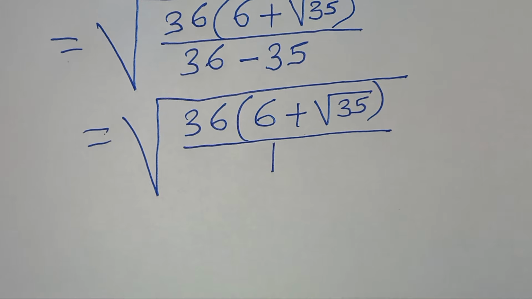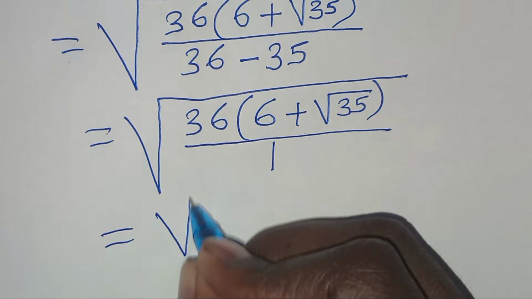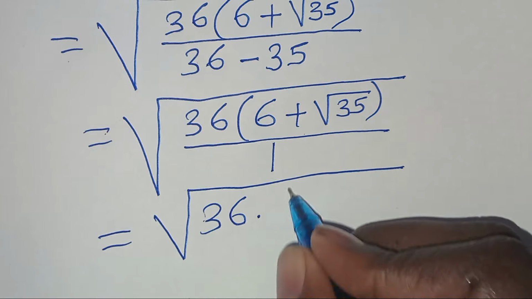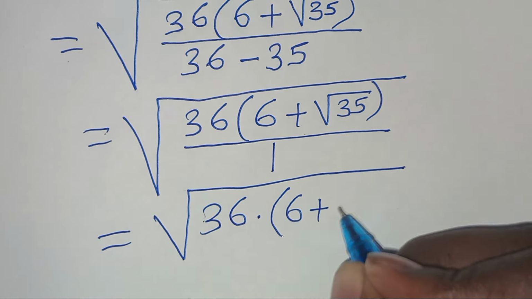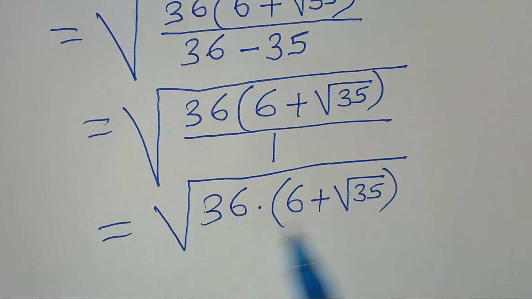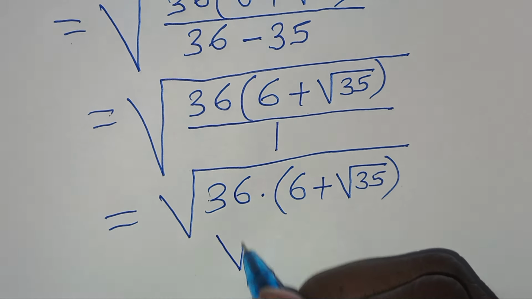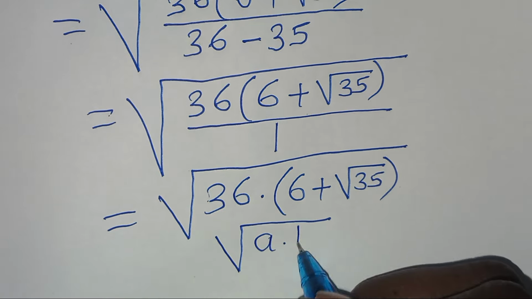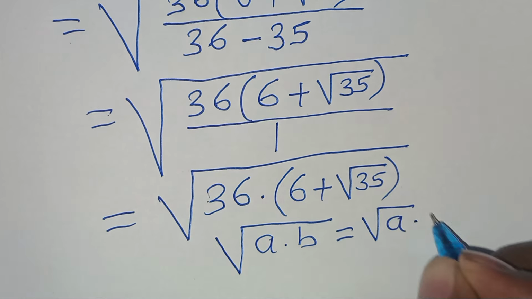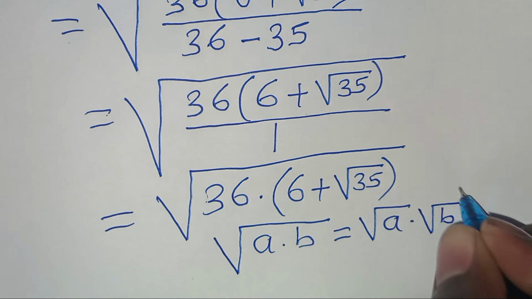Now this again implies that we have the square root of 36 multiplied by 6 plus square root of 35. Now this is in the form of square root of a times b, that we can express as the square root of a times square root of b.